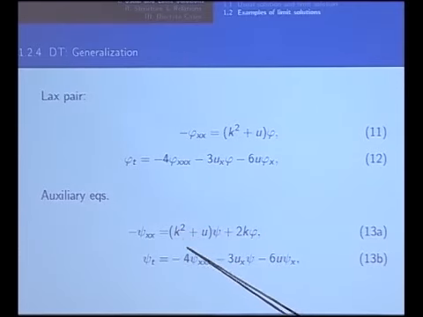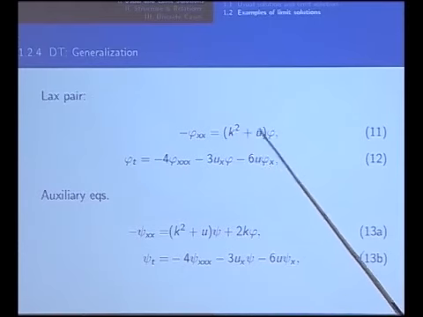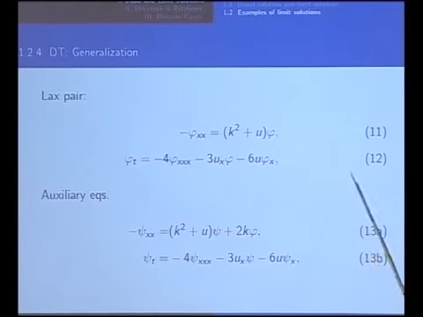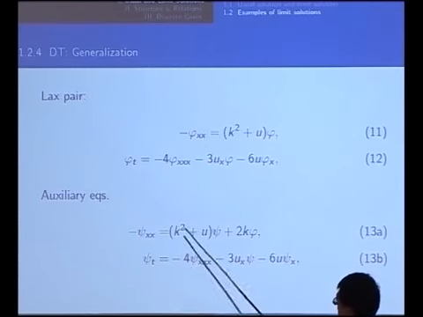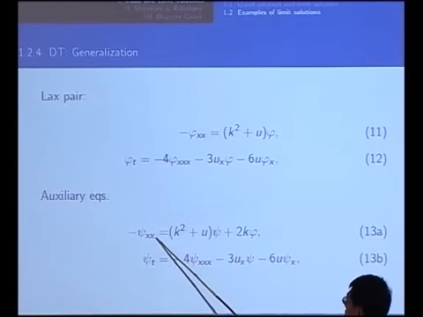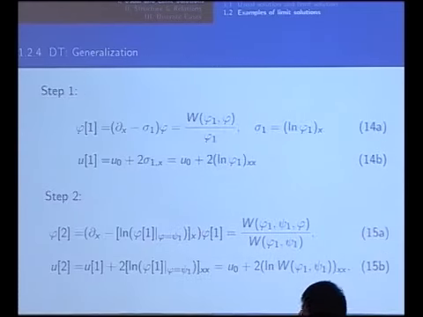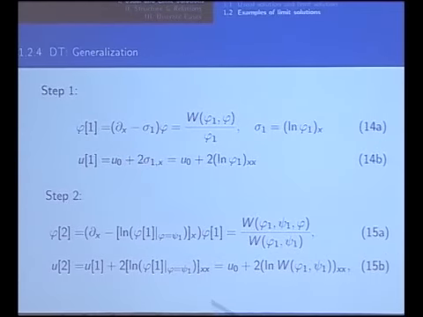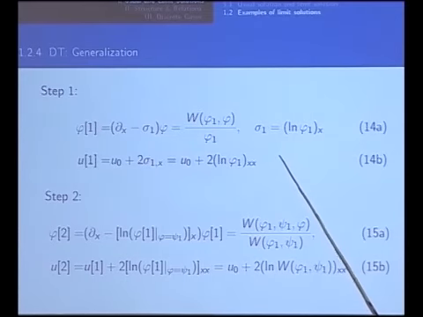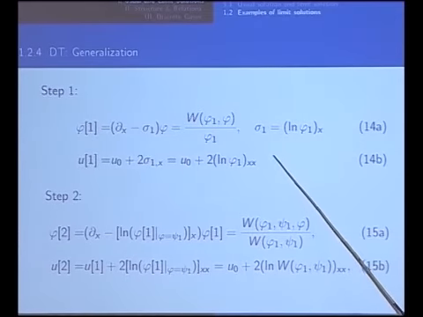How do we get a generalized solution, or how do we generalize the Darboux transformation procedure? We need auxiliary equations besides the Lax pair. The auxiliary equations are for psi, and there is also a phi here.